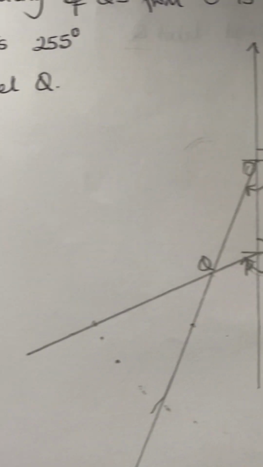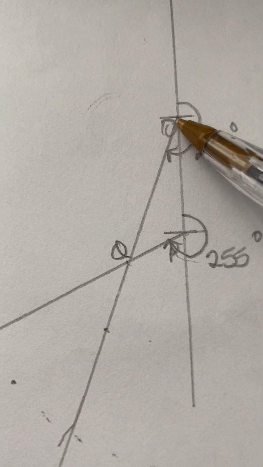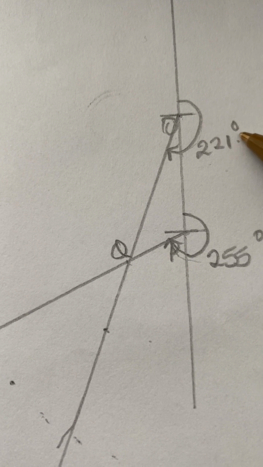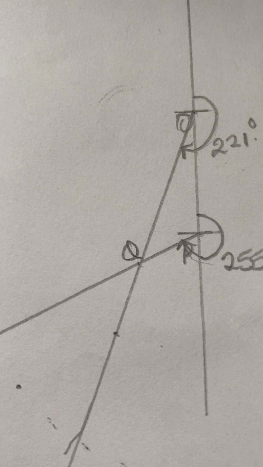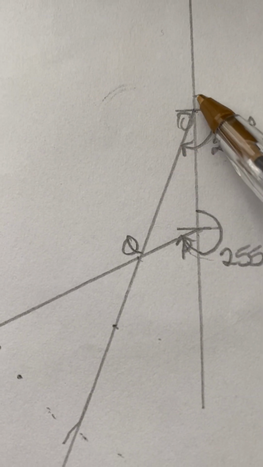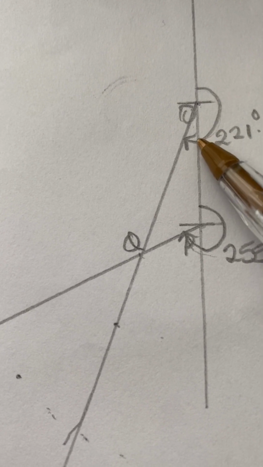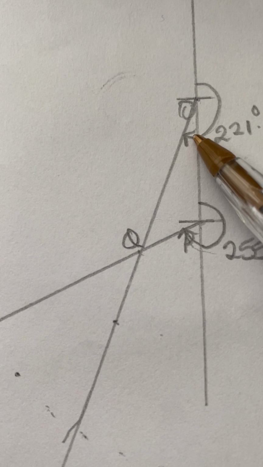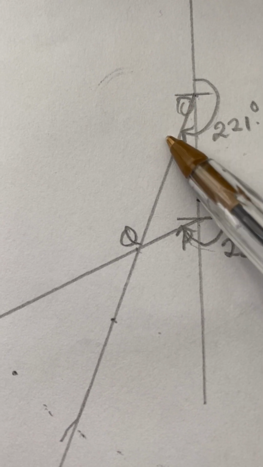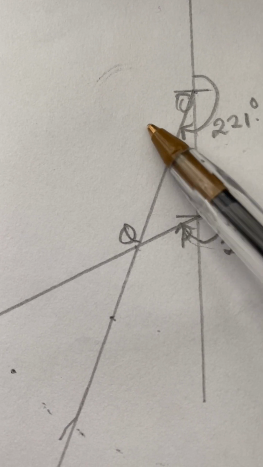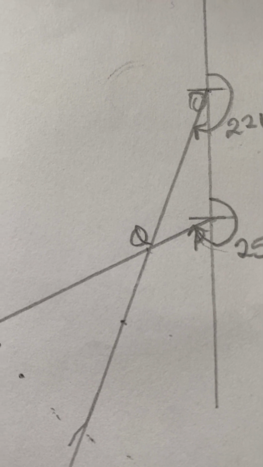So now Q from O is 211 degrees. So from here to here is 90, and then 180. So 211 will be in the third quadrant here.